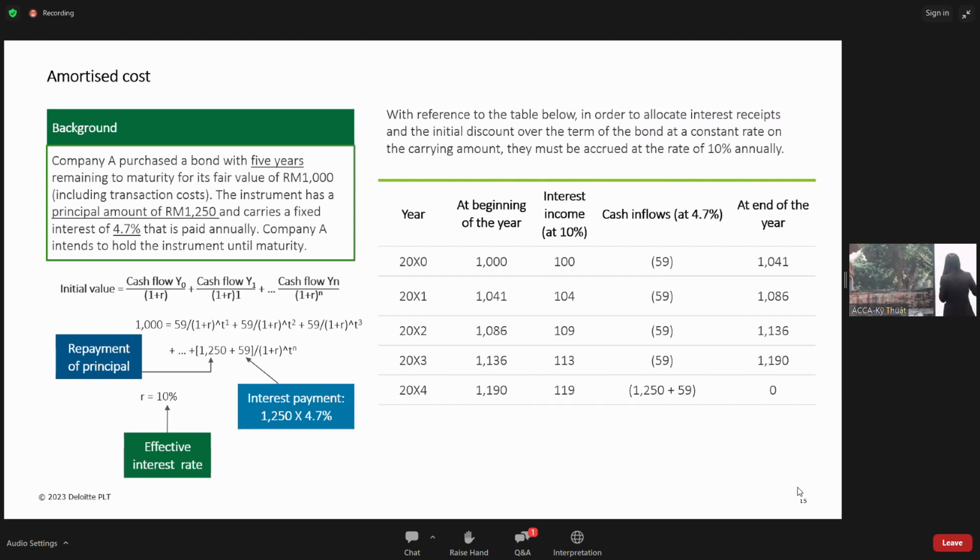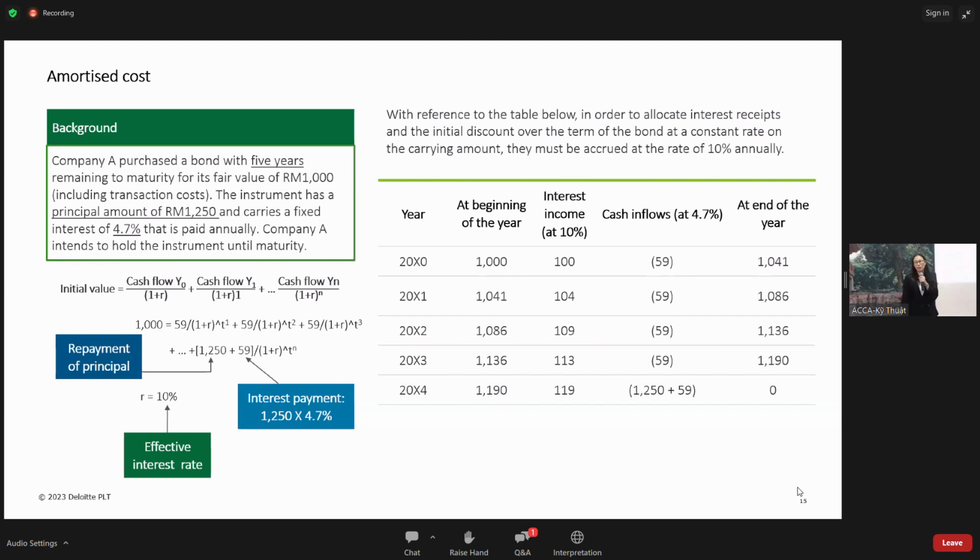So if I plot it in the table, imagine this is an Excel file. This is the year. I initially recognize in this year opening at 1,000 because this is the fair value of the instrument on initial recognition. Then the interest income that will go into the P&L, which is credit my interest income and debit my financial asset, is based on an EIR of 10%.